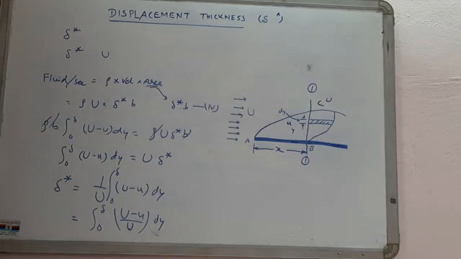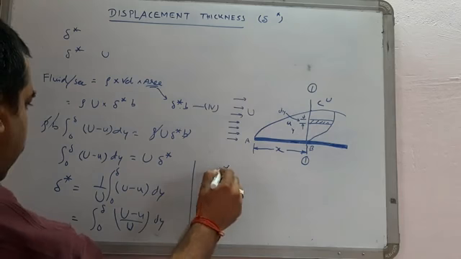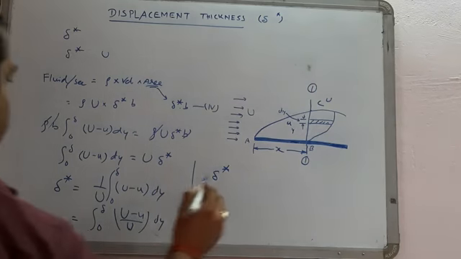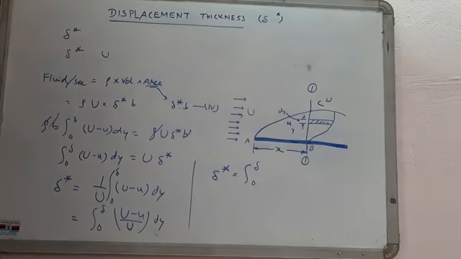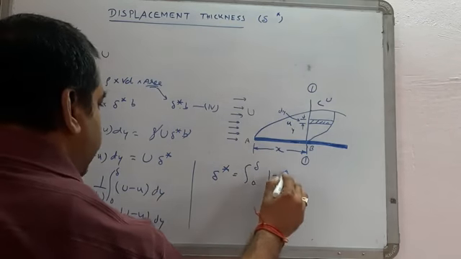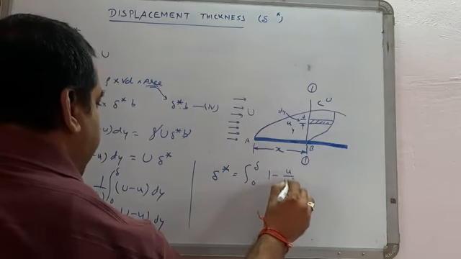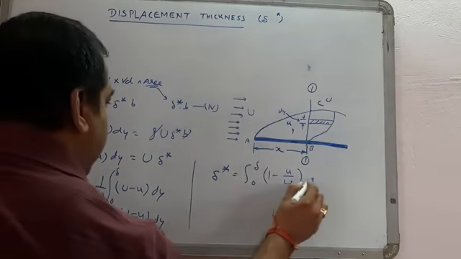U is constant and can be taken inside the integral. So del dash equal to integration from 0 to del of 1 minus u by U, small u by capital U, dy.